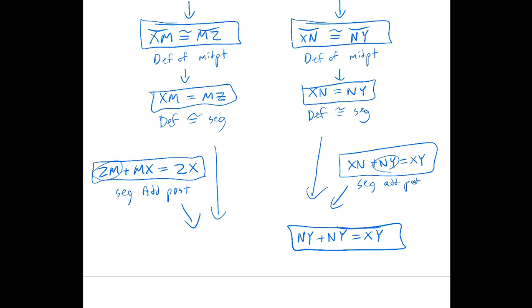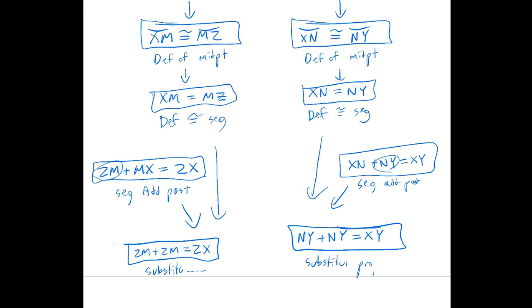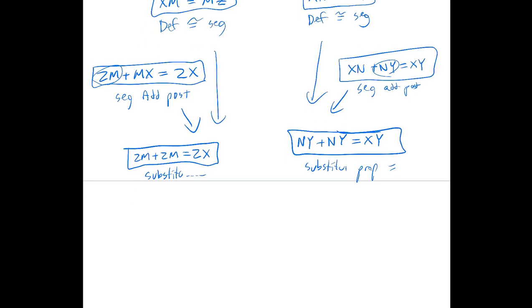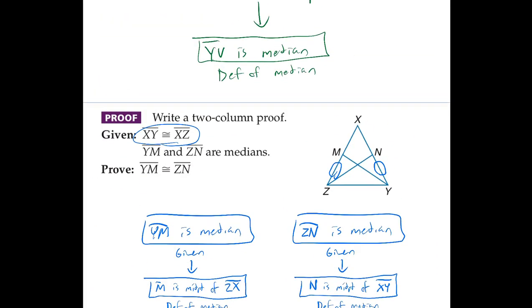We want to keep the MZ or the ZM, so we're going to go ZM plus ZM is equal to ZX. Okay, again, those are both substitution property of equality.